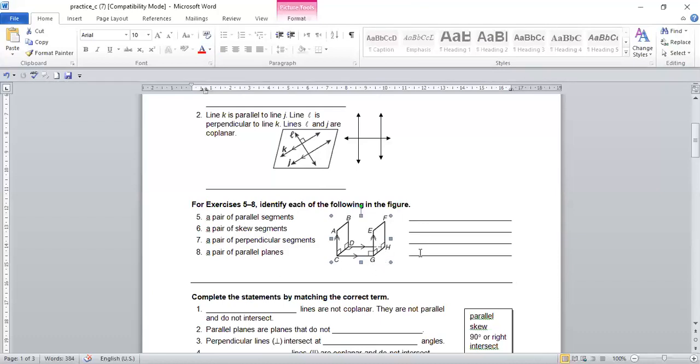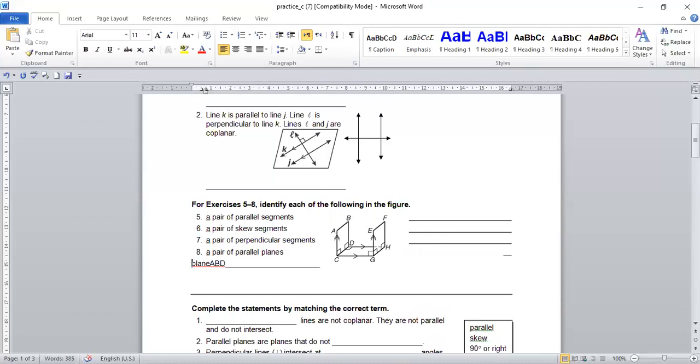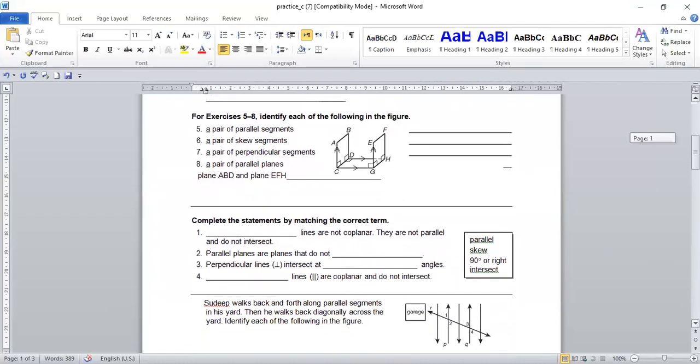So the pair of parallel planes are going to be plane ABD and plane EFH. These are the two parallel planes which they have given you. You can even name it as ABC, it doesn't matter. You can choose any three letters from the corners of the figure which they have given.